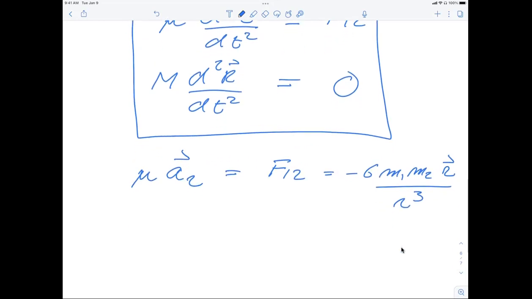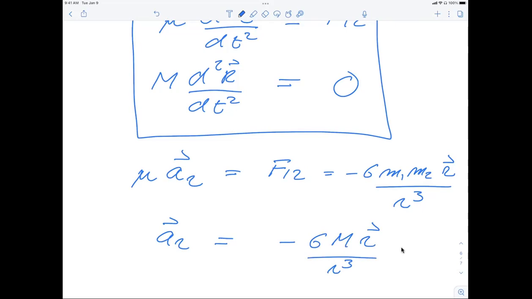And if we now look at this equation here, we can get rid of mu. So we can rewrite that one. We can then show that the acceleration a of r is equal to minus G times M multiplied with r divided by r cubed, and M is the total mass of the system.